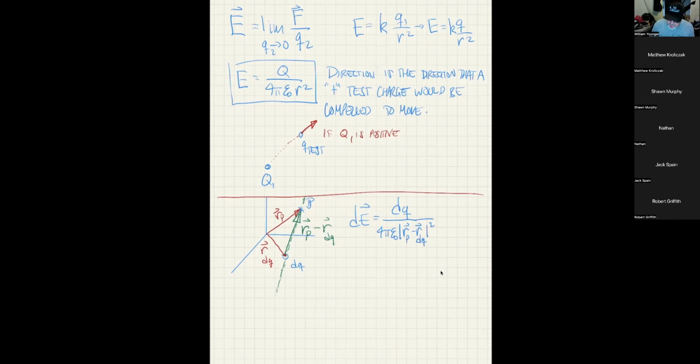But now to make it a vector, I'm going to multiply by RP minus R dq. Does anybody see a problem with that? RP minus RDQ might not have a magnitude of 1. You need to make it a unit vector. Exactly. The way you make a vector a unit vector is you divide it by its magnitude. So what I'm going to do instead is change this to 3. Does that make sense?